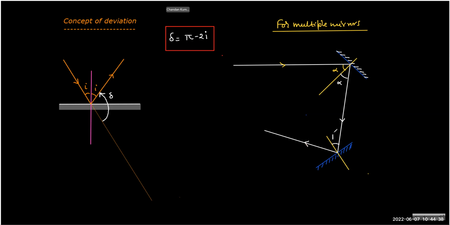If I call this angle beta, this is also beta, right? So the question is, what is the net deviation suffered by the light?